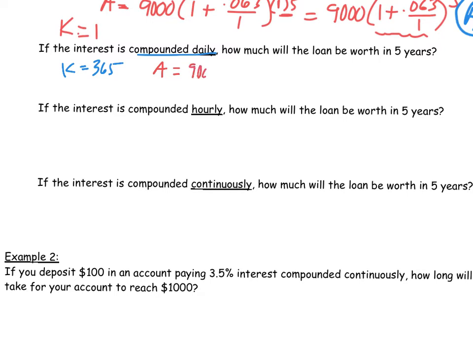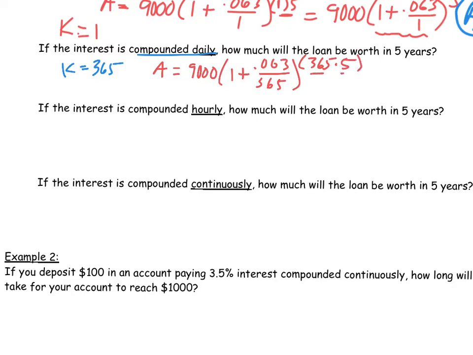So it's going to be 9,000 times 1 plus your percentage rate as a decimal divided by 365. Now, it's always to the KT power, so it's 365 times 5.